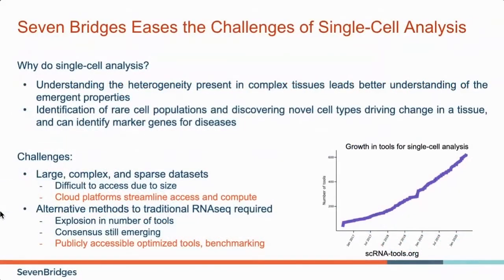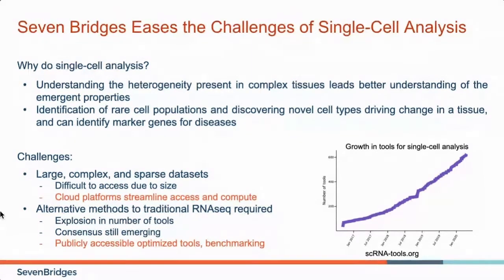The reason why single-cell analysis has grown so much in the past several years and been so impactful in transforming many different fields of biology is that understanding the individual pieces that go into a tissue or a system is hugely important to understanding the properties that emerge from that tissue. So looking at, for example, cancer stem cells can give you a much better sense of how cancer progresses.